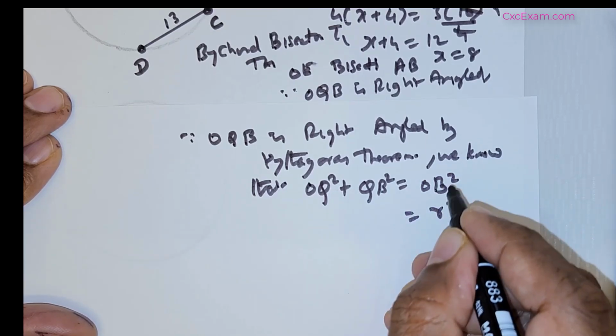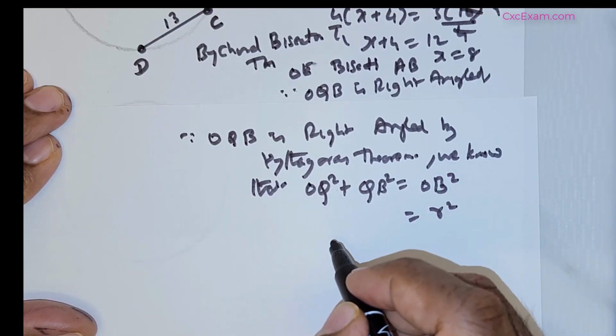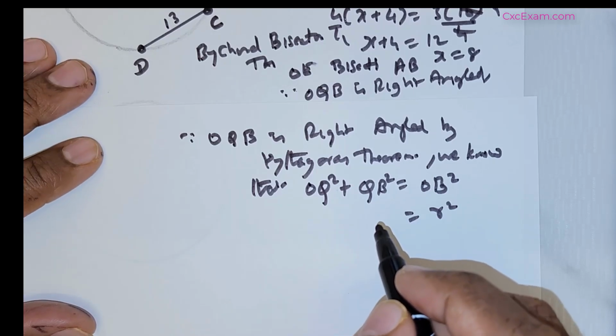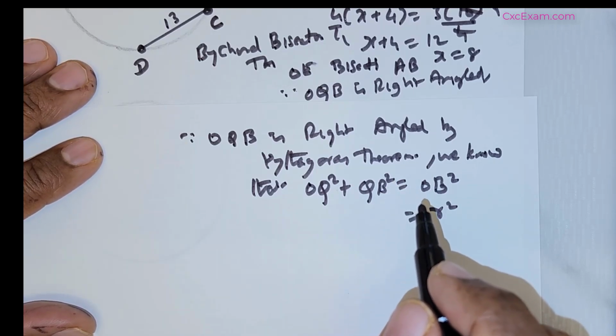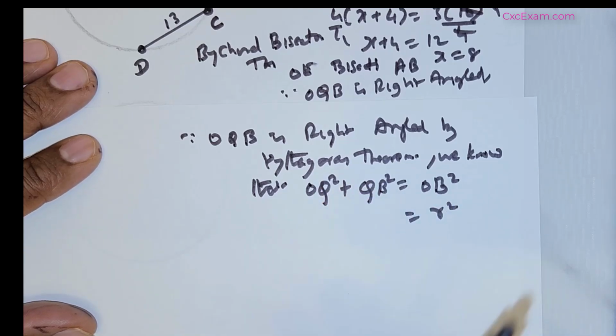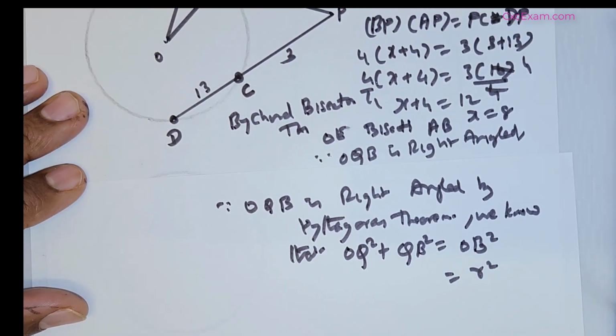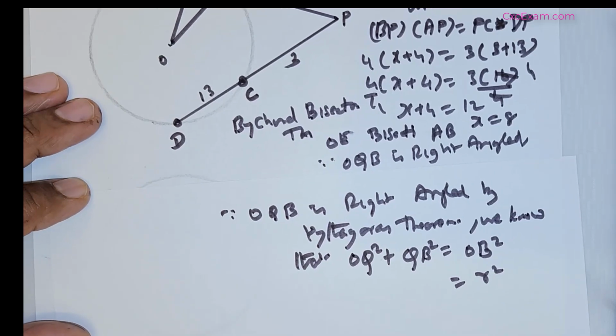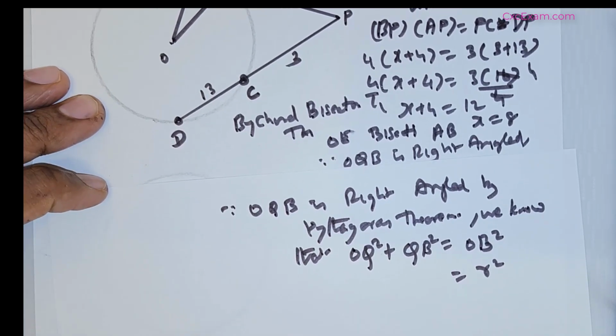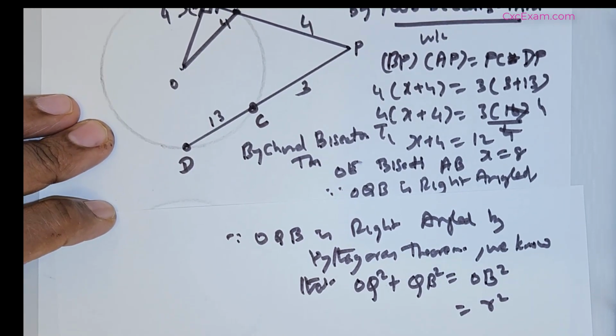Now radius I don't know, I'm taking it as R squared. So OQ squared. Okay, so this OQ is actually given. Let's get the data.